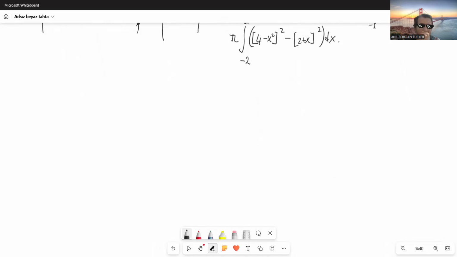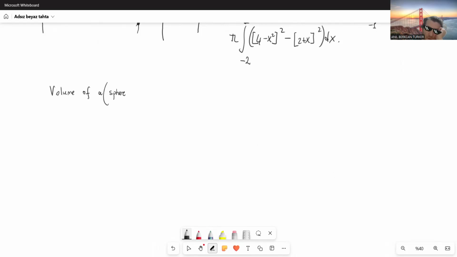Let's calculate the volume of a torus, for example. Or it was an exercise problem, the volume of a sphere.